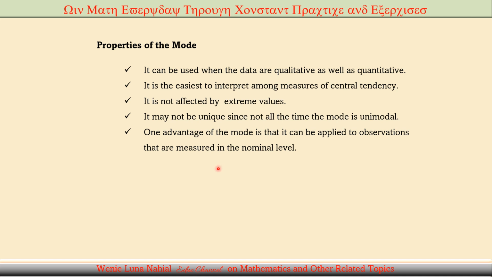So you could determine the mode, or the color that is the most favorite among the people you ask about it. Then it may not exist. That's true because sometimes our data do not have a mode because the frequency counts of the observations are not equal.